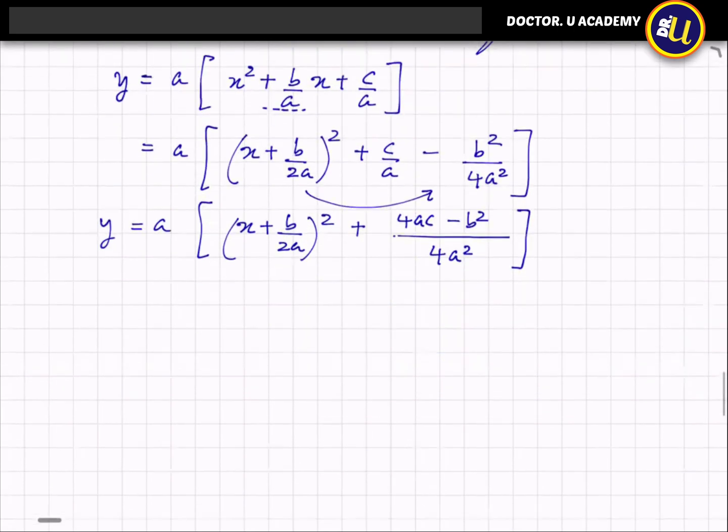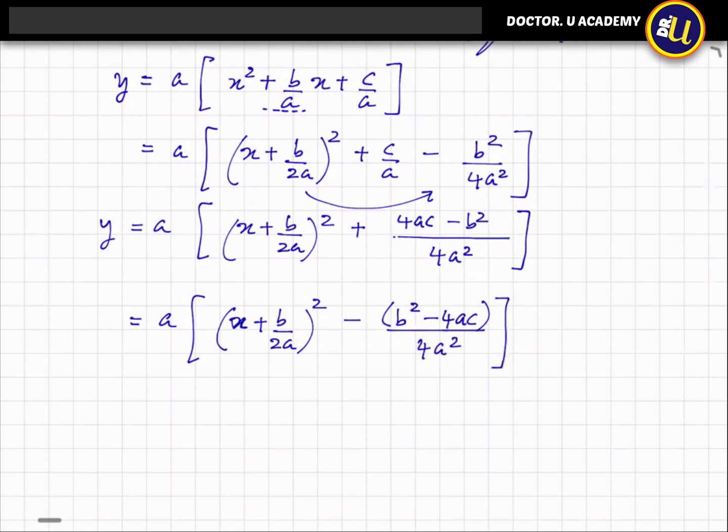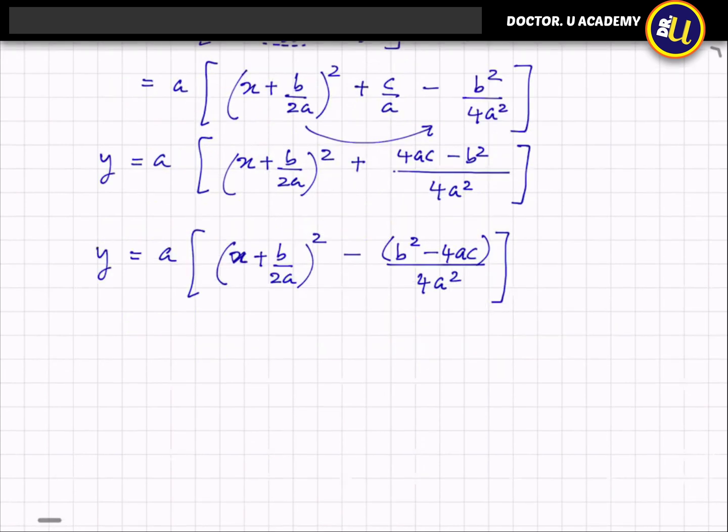Now I'm going to rearrange this. a times x plus b divided by 2a, the whole thing to the power 2. I will take minus out from the numerator and I will write b squared minus 4ac, over 4a squared, like this.